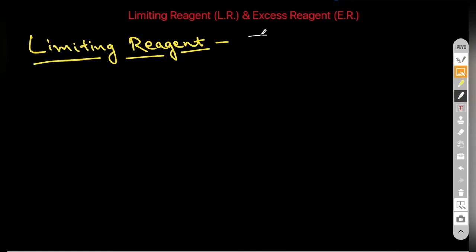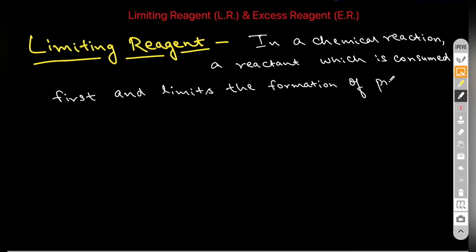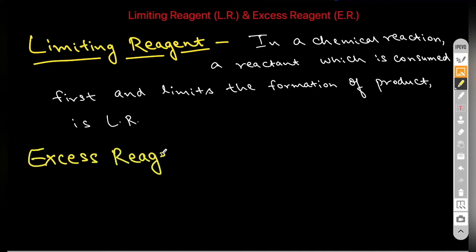In a chemical reaction, a reactant which is consumed first and limits the formation of product is called LR. So basically, the one which is consumed first and limits the formation of product is LR.